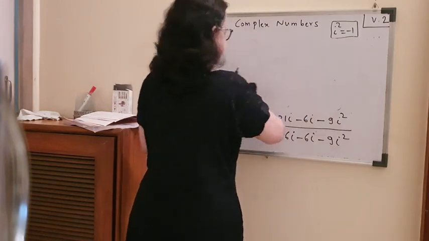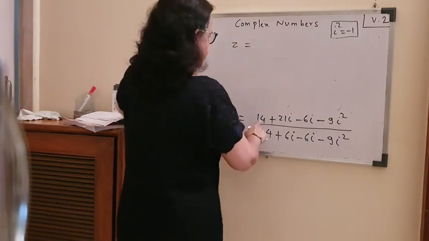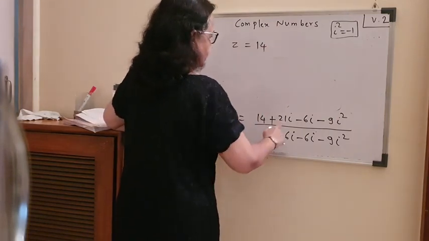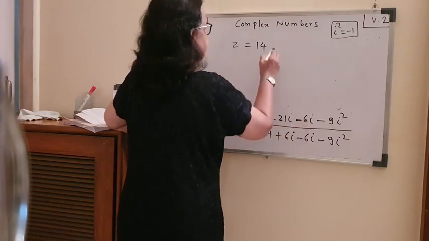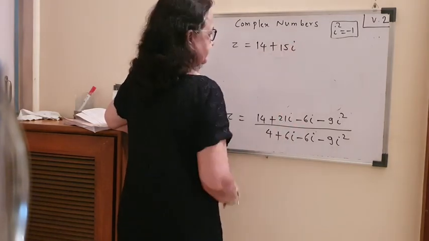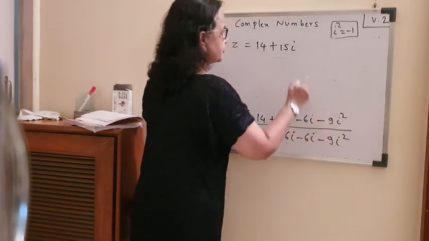So what do I get? I get z is equal to, observe, 14. Now plus 21i and minus 6i, plus 21 and minus 6, so plus 15i. i squared is minus 1, minus into minus, so plus 9.